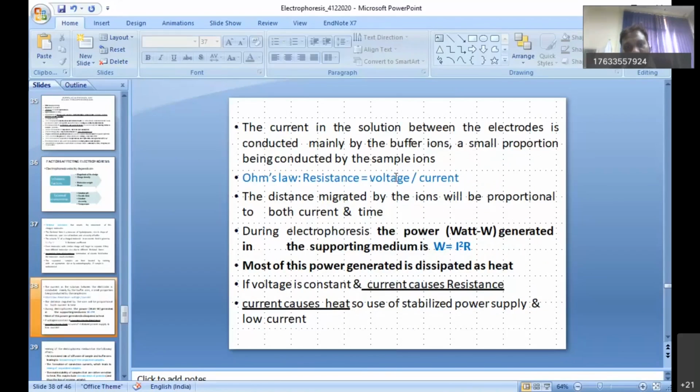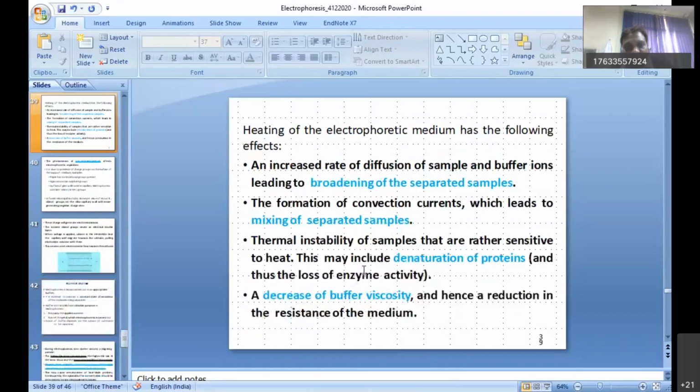If you see this formula, resistance is equivalent to voltage and current, and resistance gives heat, and heat will cause problems when your band is separating. So maybe the protein gets denatured, or the band sharpness gets affected. So you have to take care of that.